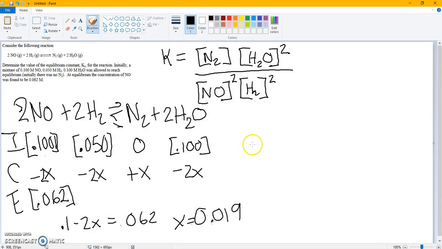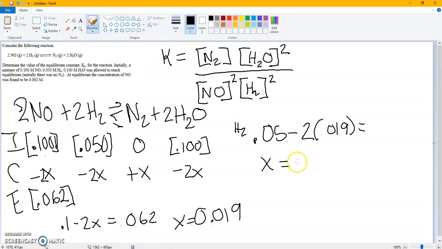Alright, so then I'm going to do 0.05 minus 2 times 0.019. We're going to fill in for x. That's going to be my hydrogen. And then I'm going to have x is equal to x, and that's my nitrogen.